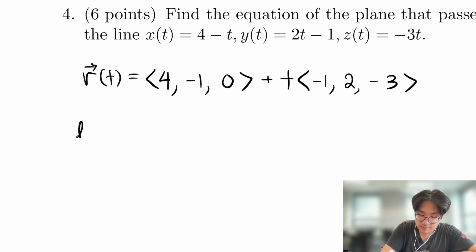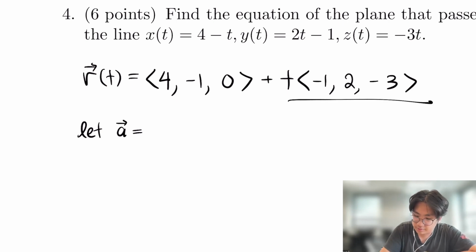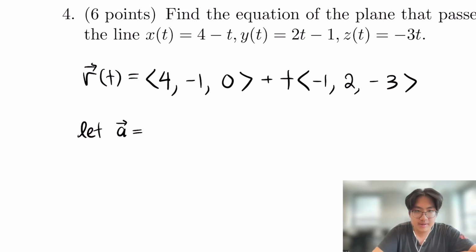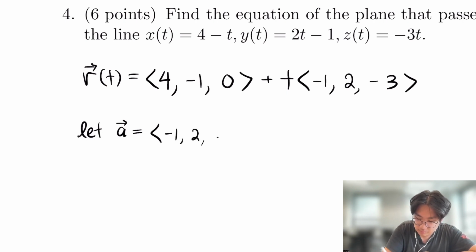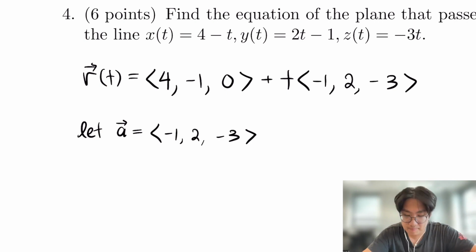So in this case, I will set some vectors. Let's call A the direction vector of the line, so -1, 2, -3.